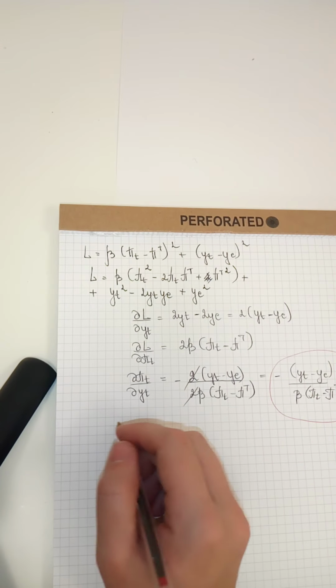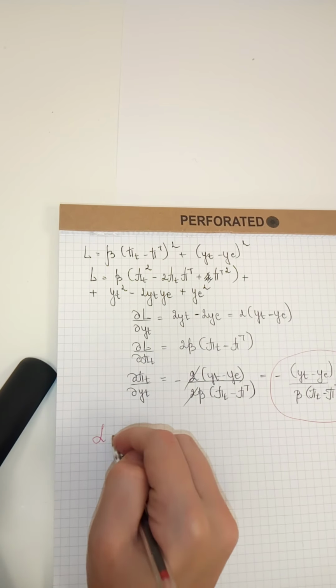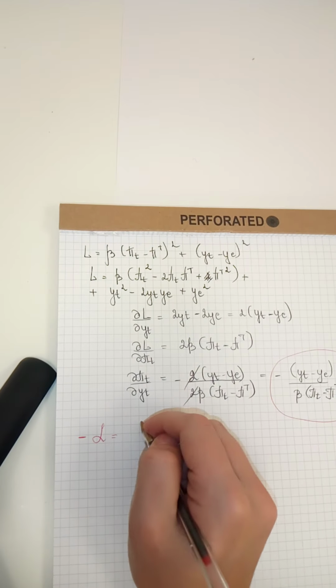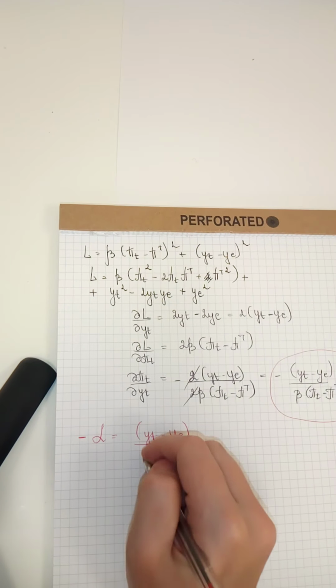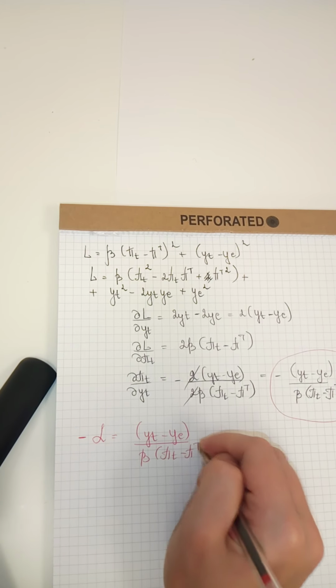Now we have to equalize it to the slope of the Phillips curve, which is basically alpha. So minus alpha is equal to yt minus ye divided by beta times pi t minus pi tau.